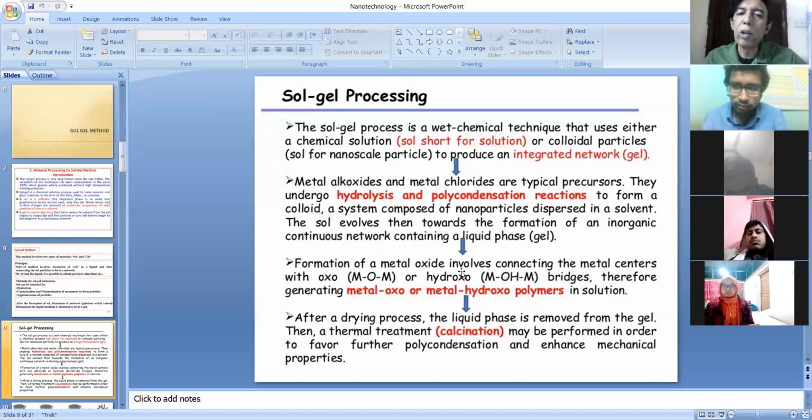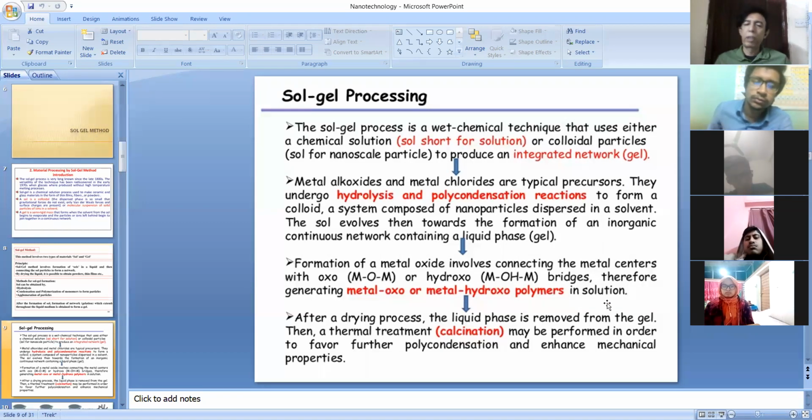Formation of metal oxides involves connecting the metal centers with oxo or hydroxo bridges, therefore generating metal oxo or metal hydroxo polymers in solution. We have used metal alkoxides or metal chlorides, and they form this type of polymerization, which forms the gel.